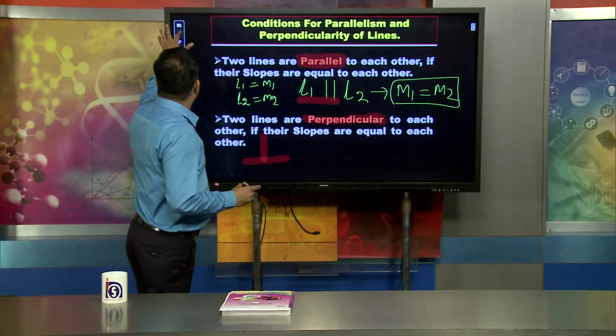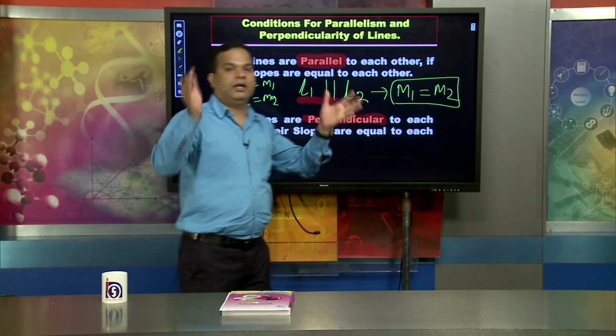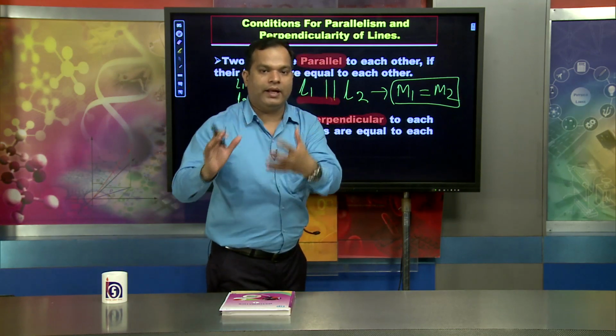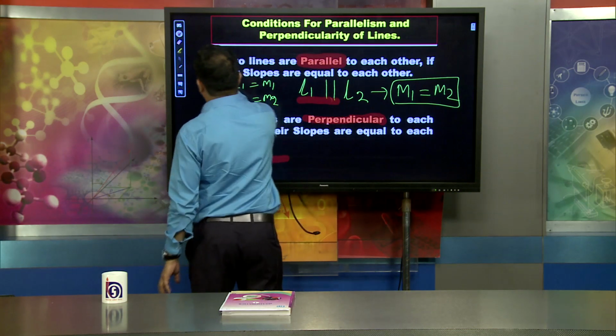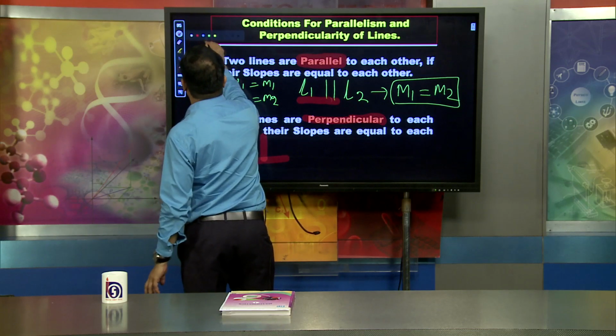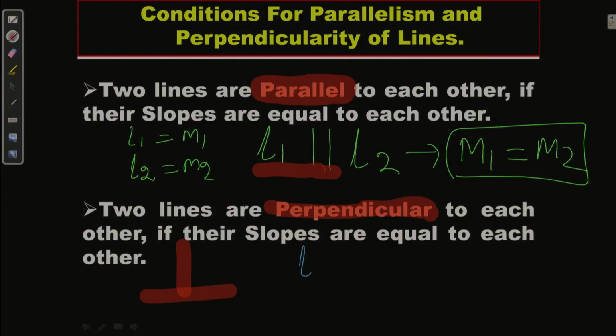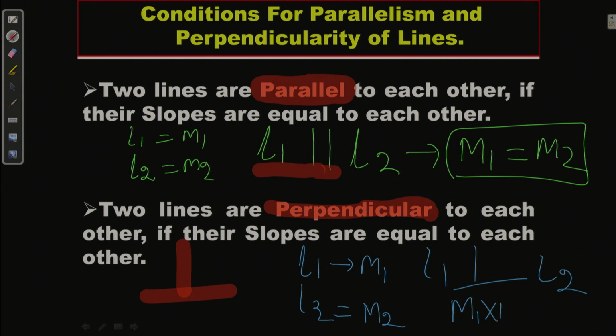If you know the slope of two lines, suppose L1 is a line with slope m1 and L2 is a line with slope m2, then L1 is perpendicular to L2 if m1 multiplied by m2 is equal to minus 1.